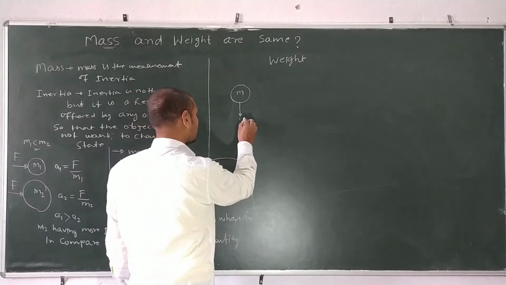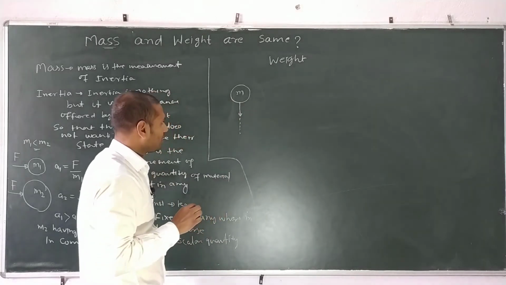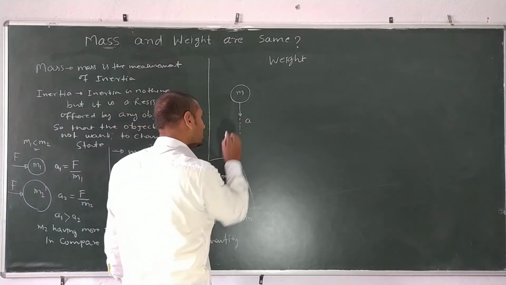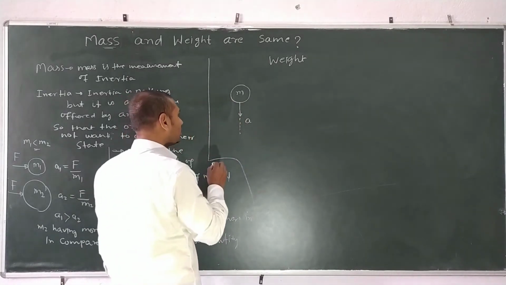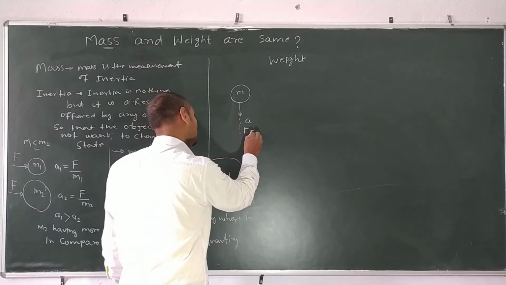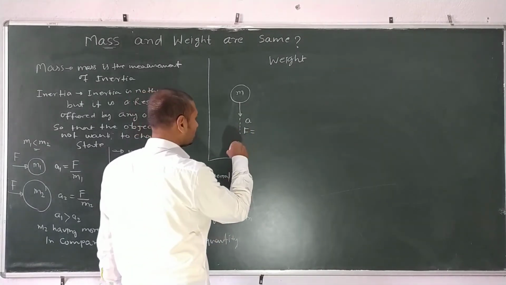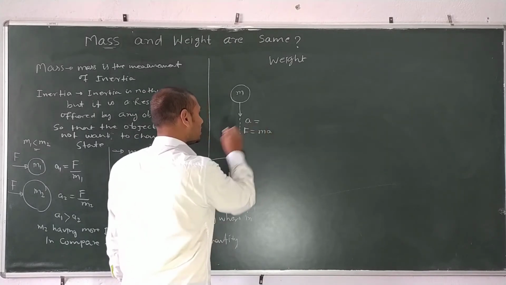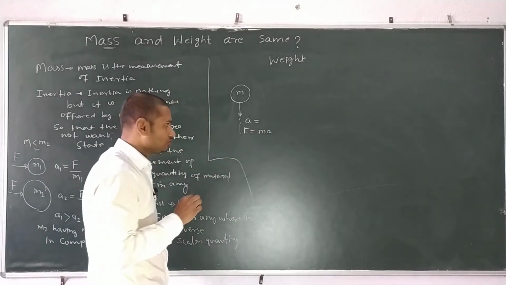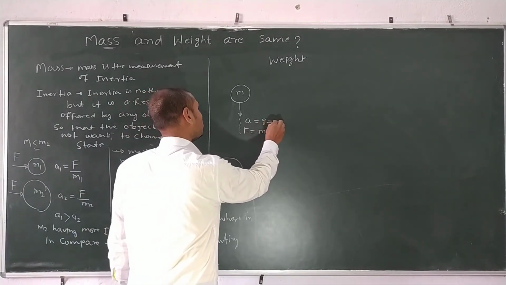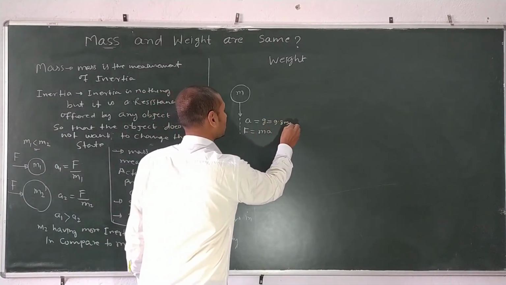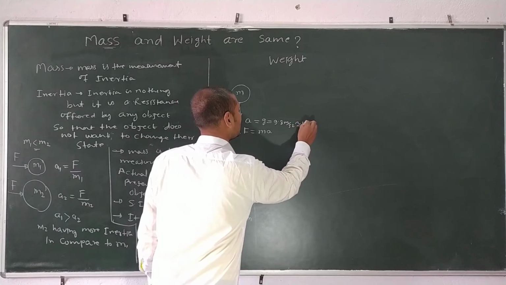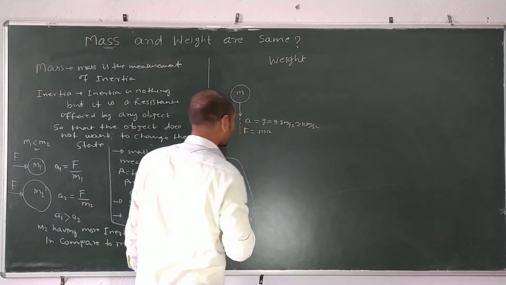Then we know that the object has some acceleration, let us say a, and there is a force acting on that object. What about the force? Mass into acceleration, and here the acceleration is the acceleration due to gravity, g, equal to 9.8 meter per second square, or approximately 10 meter per second square.